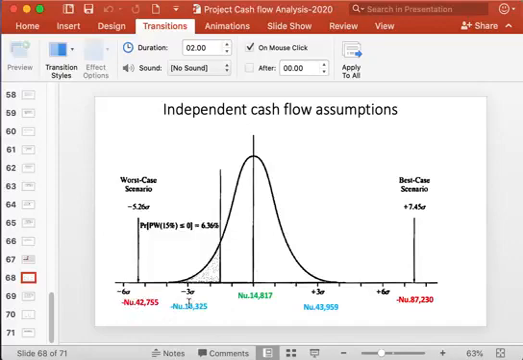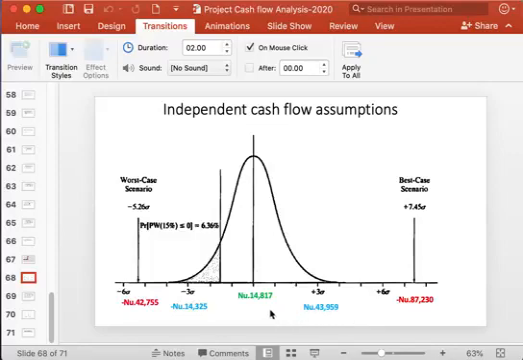But these are in terms of Newton values. Okay, we have converted minus 3 sigma in terms of the Newton value. Corresponding to minus 3 sigma, what is the Newton value? That is minus 14,325 Newton. What is the Newton value corresponding to plus 3 sigma? That is Newton 43,959.